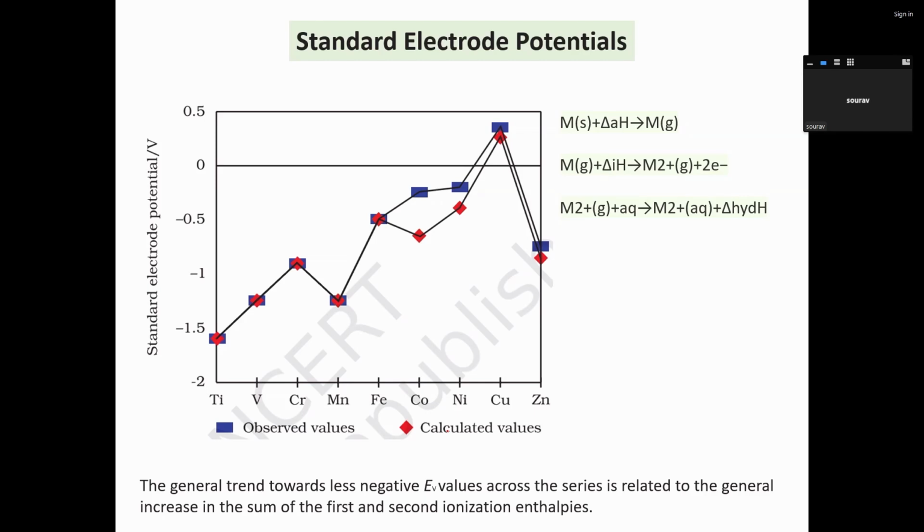From the ionization enthalpy we talk about the oxidation state, because when ionization happens, there will be several oxidation states. Similarly, one electron is removed, then a second electron is removed. How much energy is required is defined by the electrode potential.